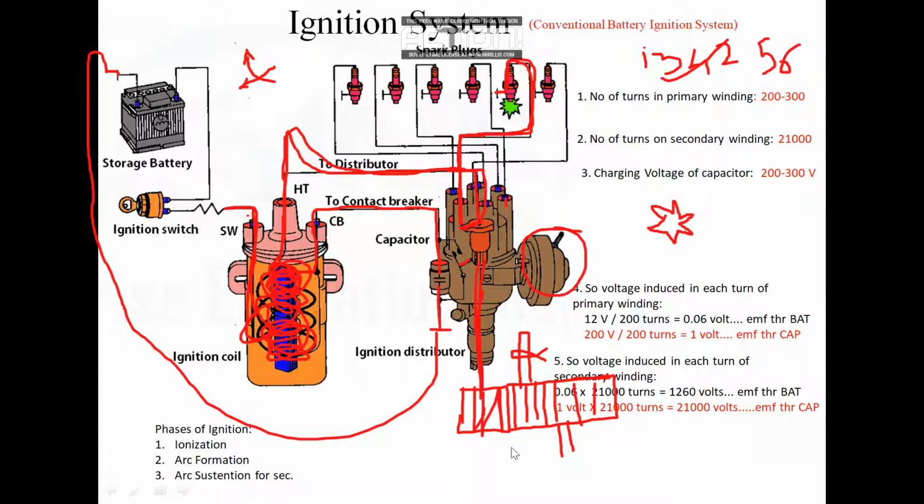Then only, for 2 revolutions of the crankshaft, the distributor gear will rotate one time. So the crankshaft gear should be half the size of the distributor shaft gear. There is a mistake, just consider it. In the case of the camshaft, we have a 1:1 gear ratio. In the case of the crankshaft, we have a 1:2 gear ratio.